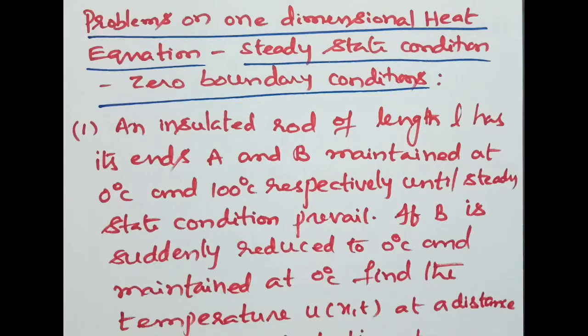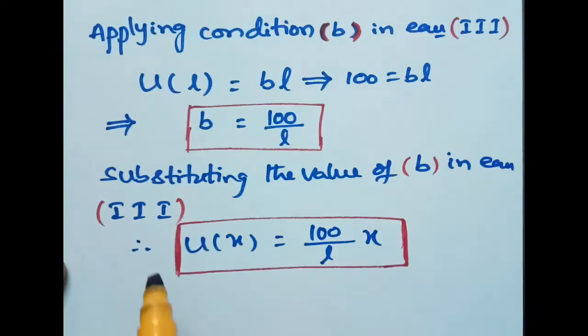Now both the ends are maintained at 0 degrees centigrade. Therefore the end conditions are 0 degrees temperature at 0 and at the other end point L, that means at A and at B.